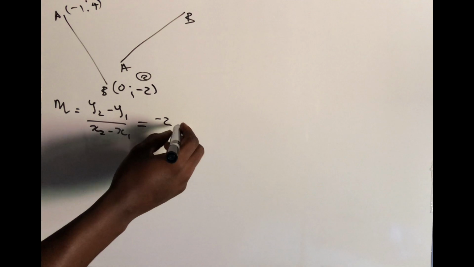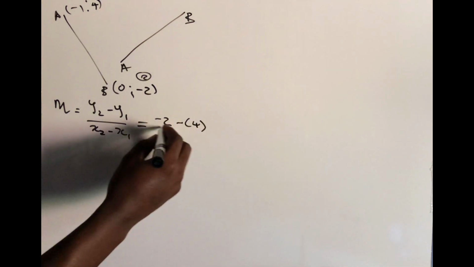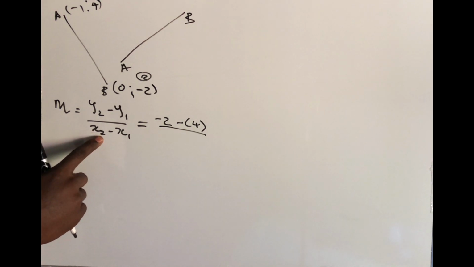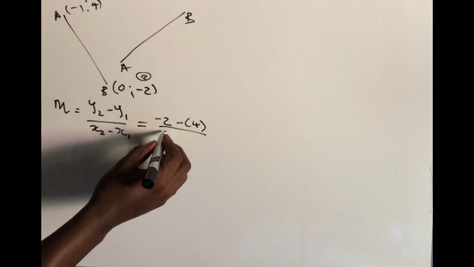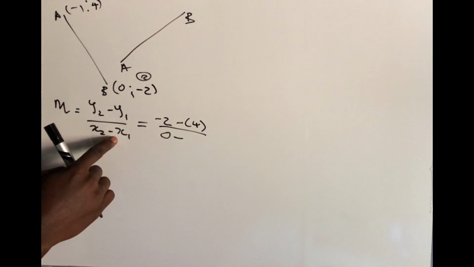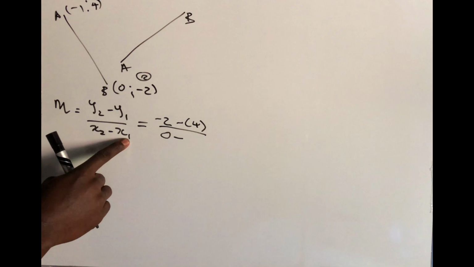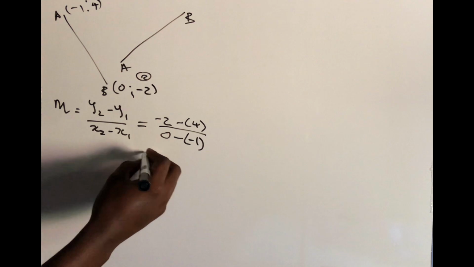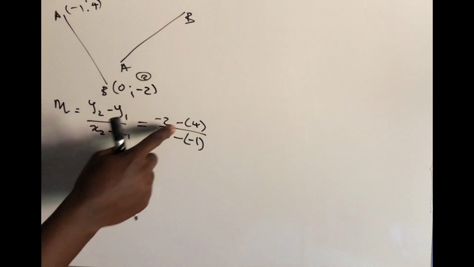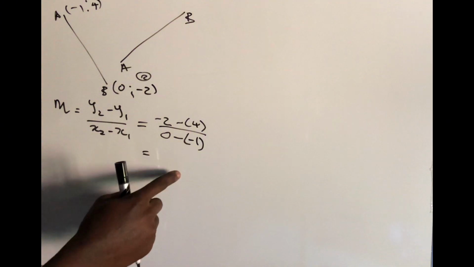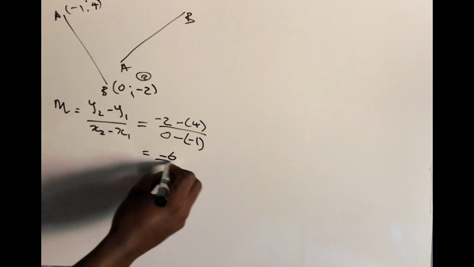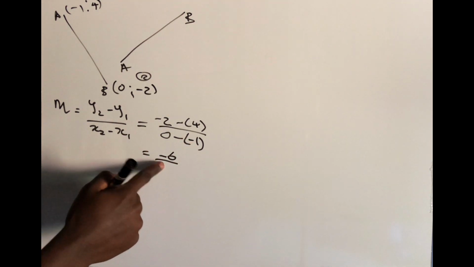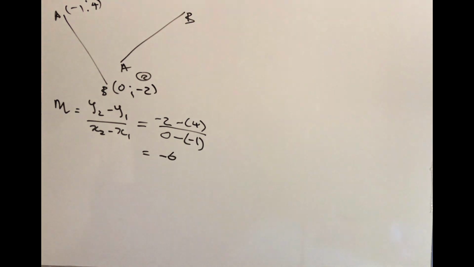But there's a negative here, so it is minus 4, all divided by the value of x at your second point, which is 0, minus the value of x at the first point, which is -1, so minus -1. When you punch this on your calculator, -2 minus 4 gives -6, and a negative multiplied by a negative is a positive, so you get 1. Therefore, your answer will be -6.